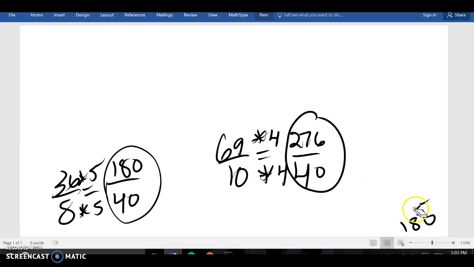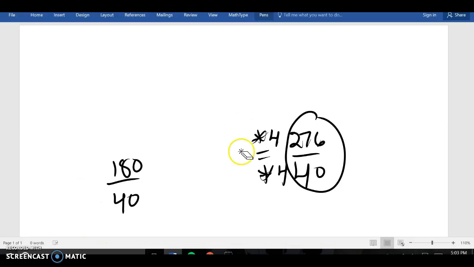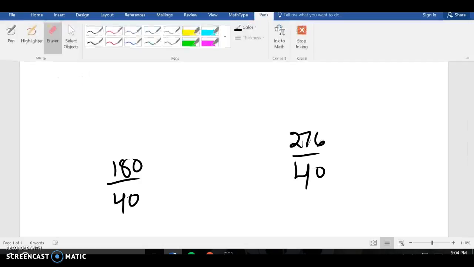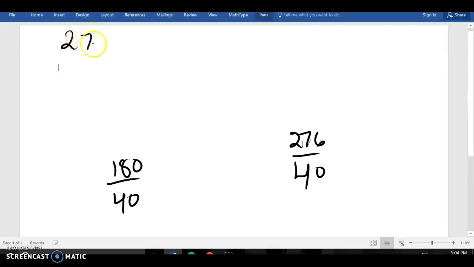Okay, so now that I have a little bit more room to work with, I'm going to say 276 over 40 minus 180 over 40.